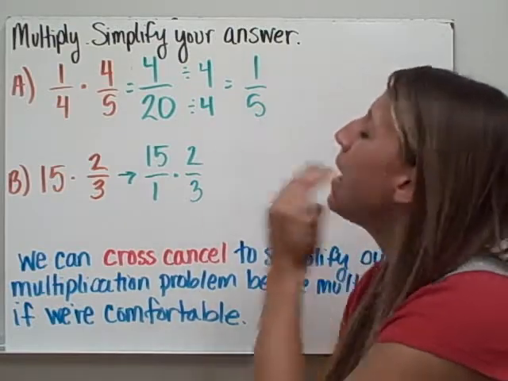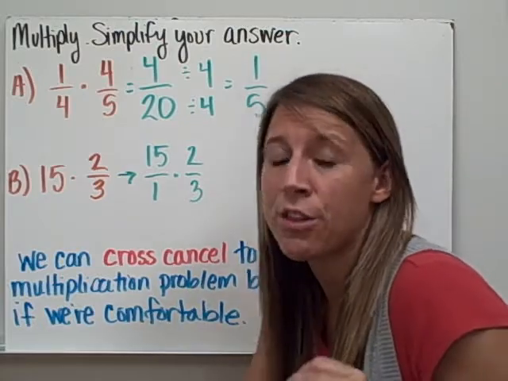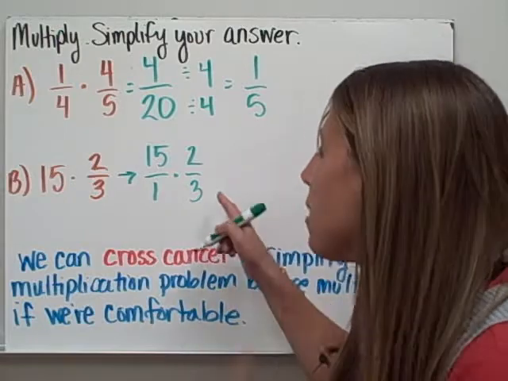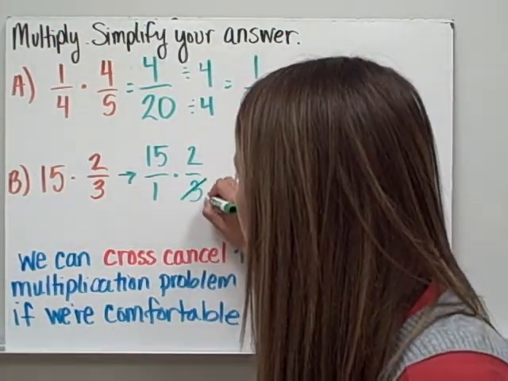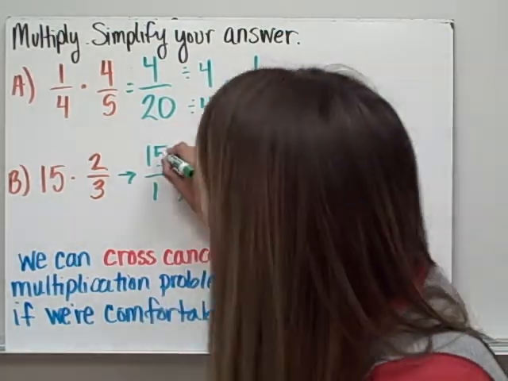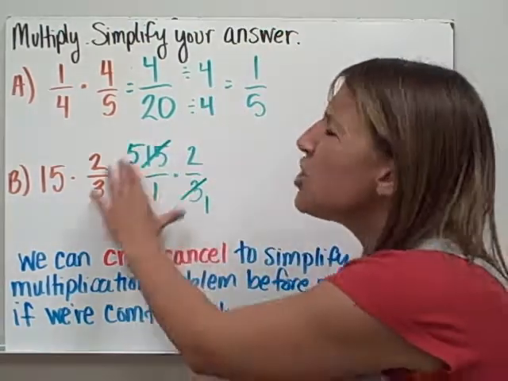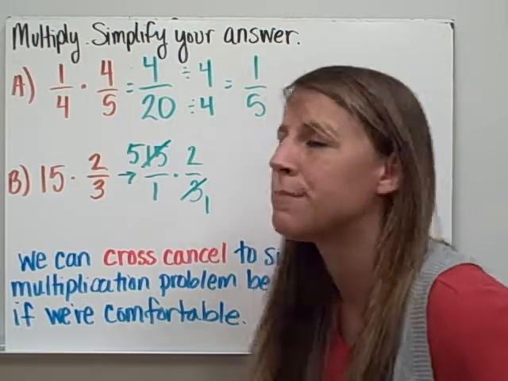And so before I multiply straight across, I can simplify those down to make them easier numbers to multiply with. So 3 goes into itself 1 time. 3 goes into 15 5 times. So I can just cross those out and simplify them down because they share that greatest common factor of 3. That's why I chose to put 3 into both of them.